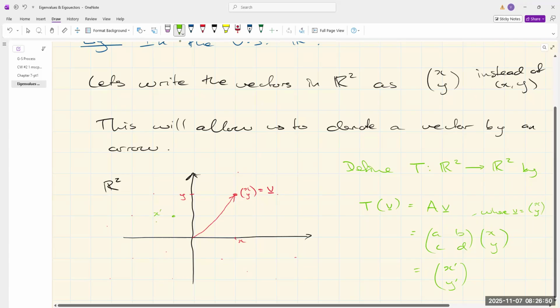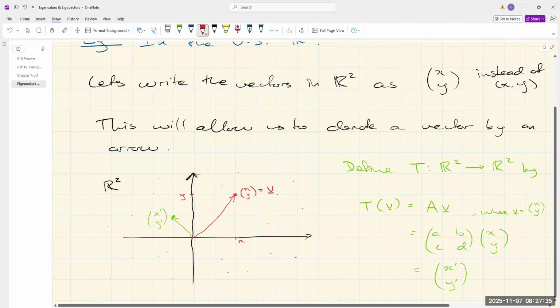It will obviously depend on what the matrix A is. So it took that red arrow and moved it to the green one. And it's going to do that for all the arrows in the plane. This linear transformation by matrix multiplication is going to move all those vectors to other vectors.